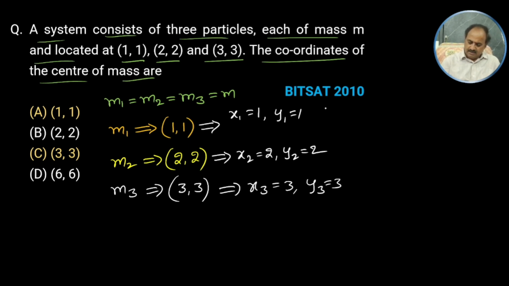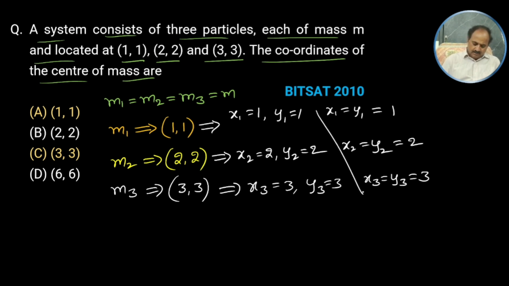That means here x1 equal to y1, x2 equal to y2, and x3 equal to y3. x3 equal to y3 equal to 3, x2 equal to y2 equal to 2, x1 equal to y1 equal to 1. Okay.